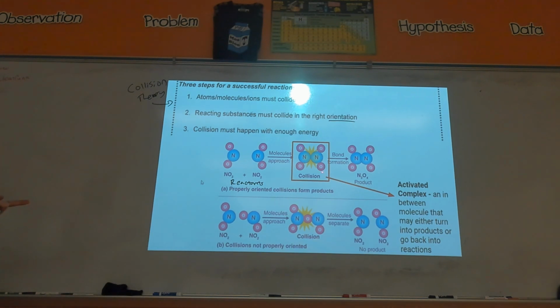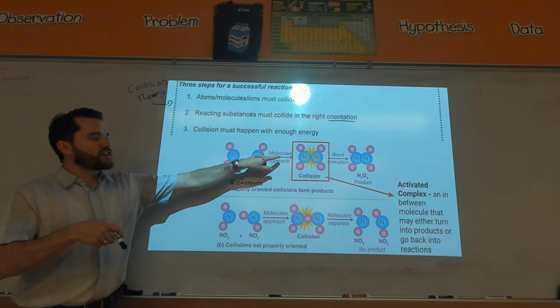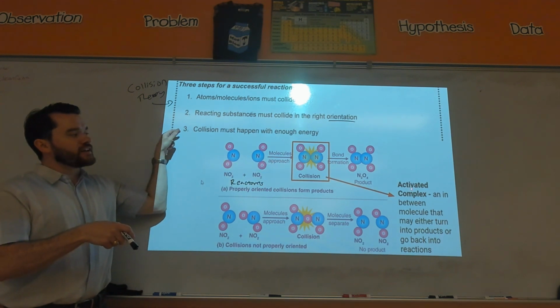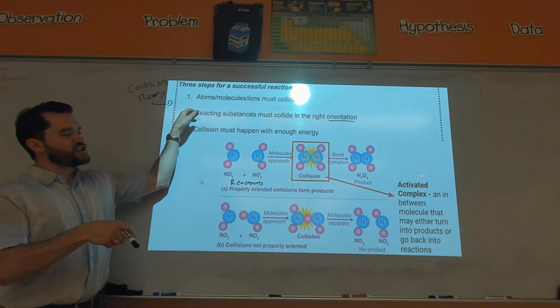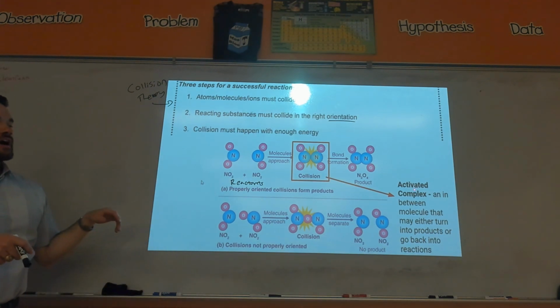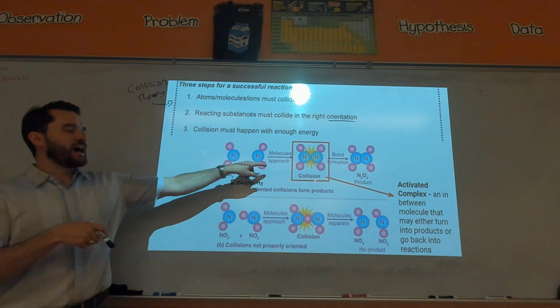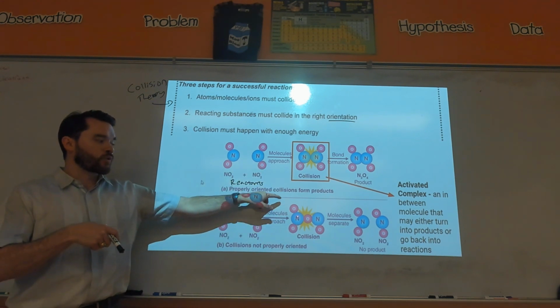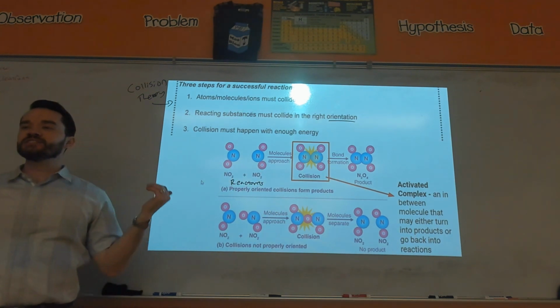Here, this complex is of two reactant molecules, and they are activated because they're colliding with the right amount of energy in the right orientation. In step one, again, they've collided. If they don't collide with the right amount of energy or in the right orientation, they will go back into reactants.